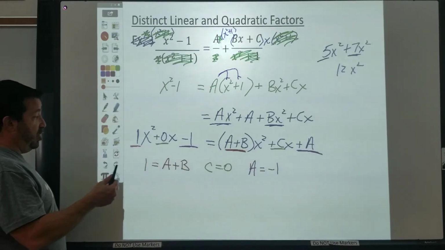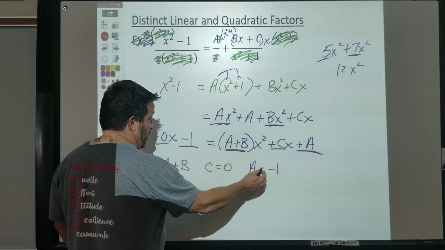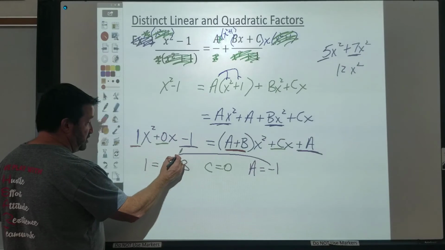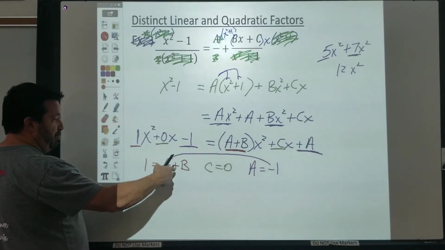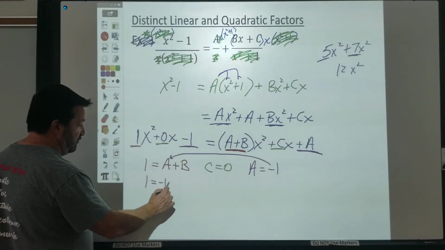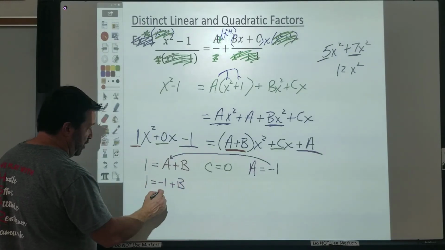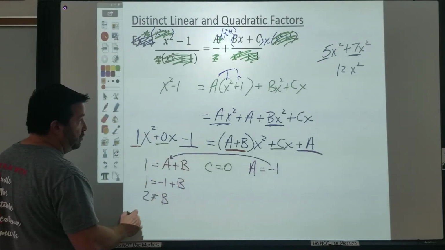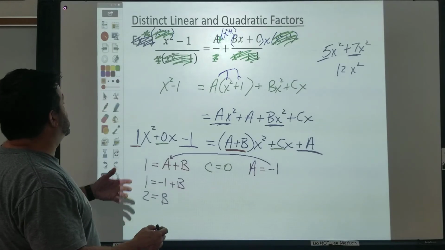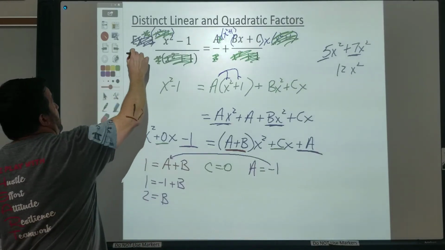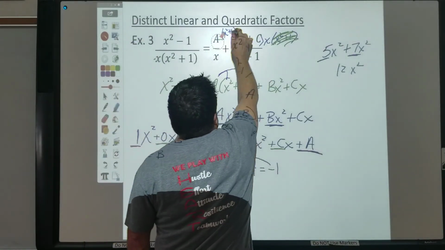So now that I know c is 0, I know a is negative 1, I can use this as a system and figure out what b is. Because a is negative 1. If I add 1 to both sides, I would get b is equal to 2. So going back to my original problem, this is what I originally broke it down into.